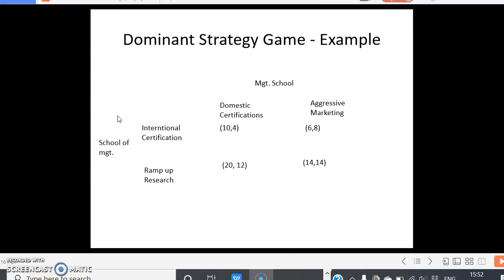As earlier, the payoffs of School of Management are the first that is written in all the parentheses and the second payoff is of Management School. So as we can see here, for the time being, assume that the Management School decides to go for domestic certifications. Well, in that case, if the School of Management goes for international certification, then it has a payoff of 10.